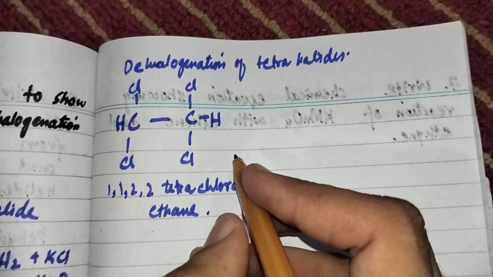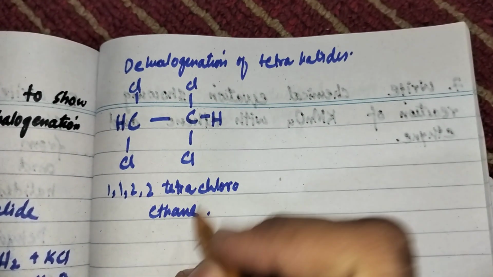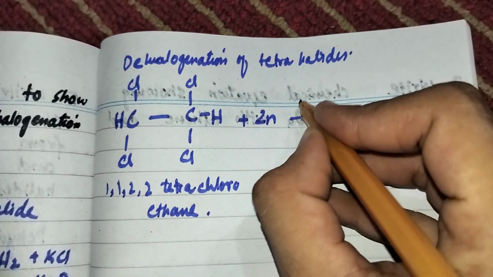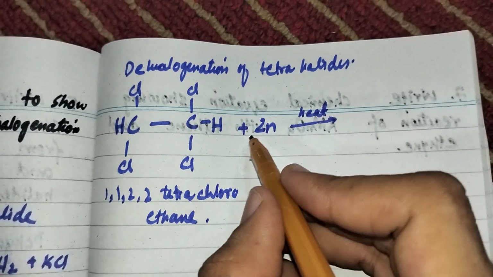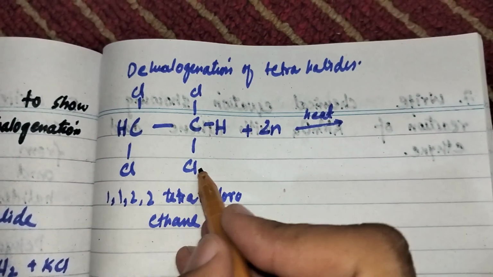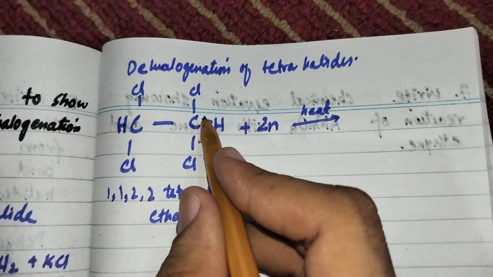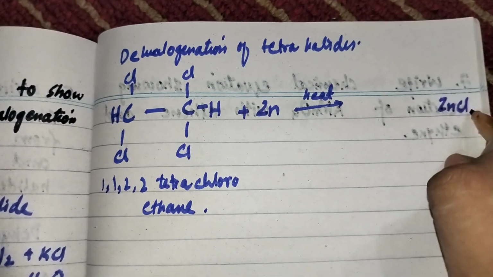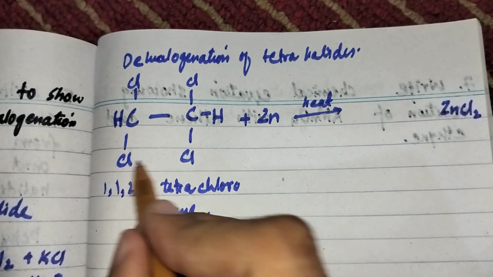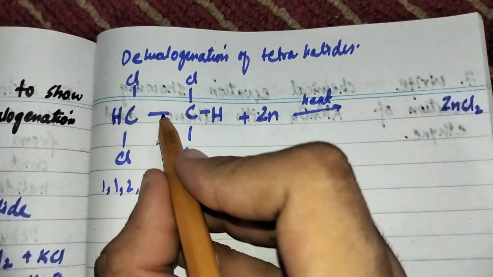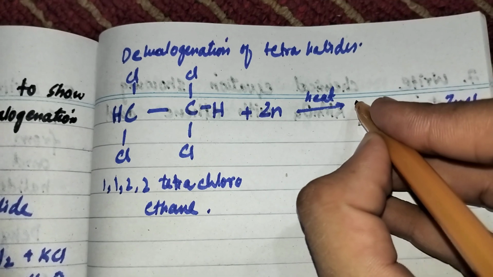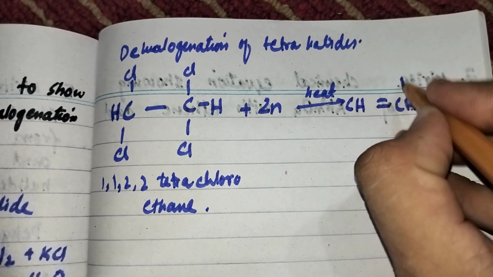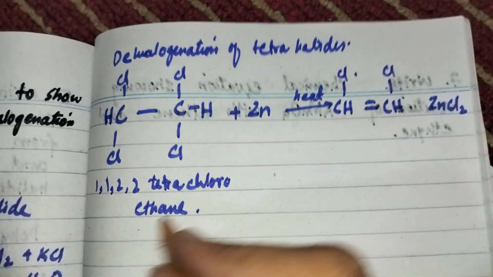When 1,1,2,2 tetrachloroethane is reacted with Zn, also known as zinc dust, in the presence of heat, Zn reacts with 2 chlorines, removing 1 chlorine from one carbon and another chlorine from the other carbon, forming ZnCl2. So these 2 chlorines are removed, and the single bond is converted into a double bond. So now it is CHCl double bond CHCl.